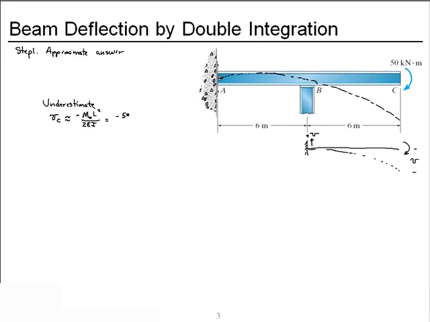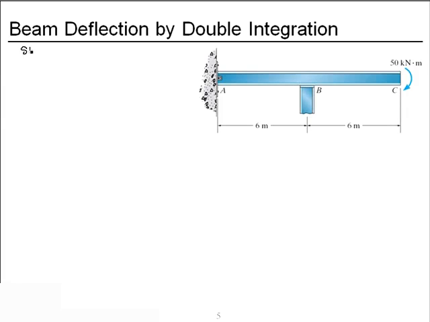We'll have a negative times the applied couple moment, the length of our cantilever squared, over 2EI, and that quantity is a minus 900 kilonewton meter squared over EI. So we know our answer has to be larger than this, but we wouldn't expect it to be an order of magnitude larger.